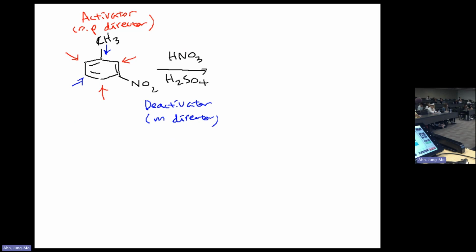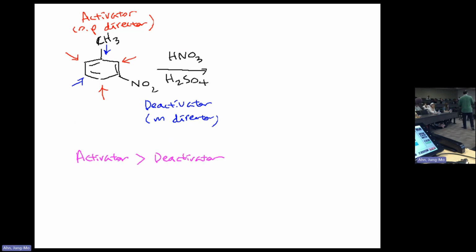For that, I want you to remember that electron donating groups stabilize the intermediate and make the reaction go faster. Electron withdrawing groups destabilize it and make the reaction go slower. So which one has a louder voice? The one that makes it more stable, right? Rather than the one that makes it destabilizing.